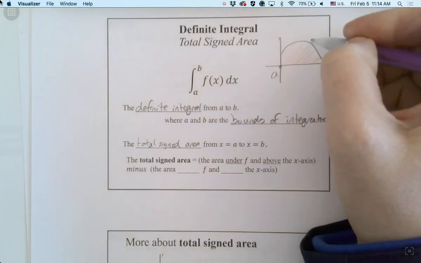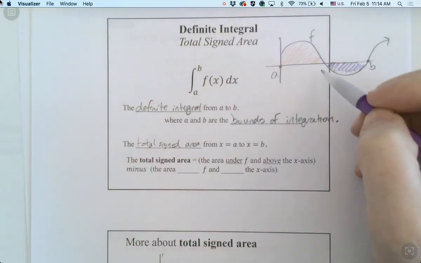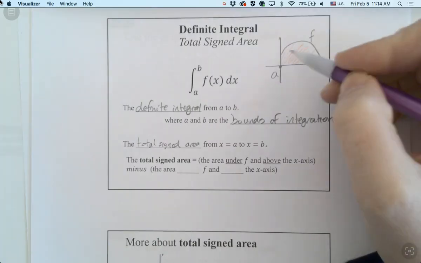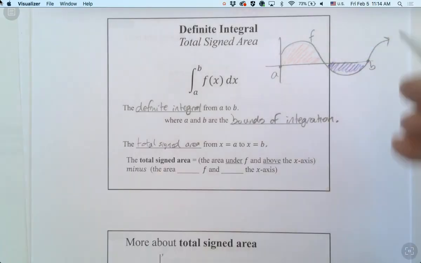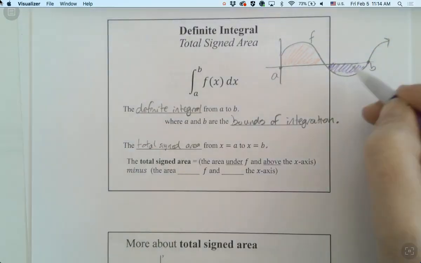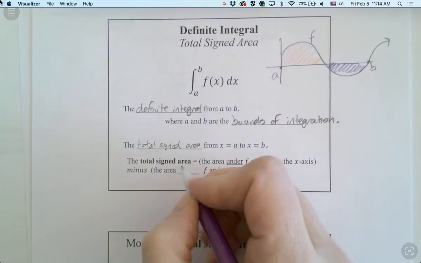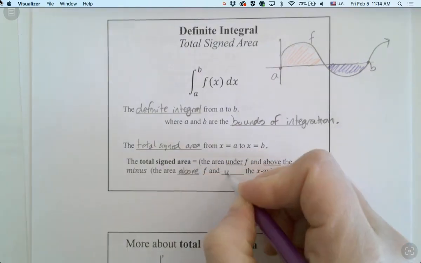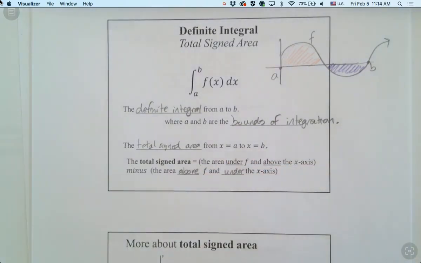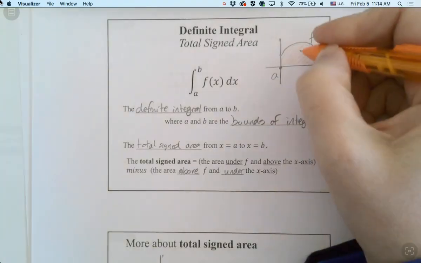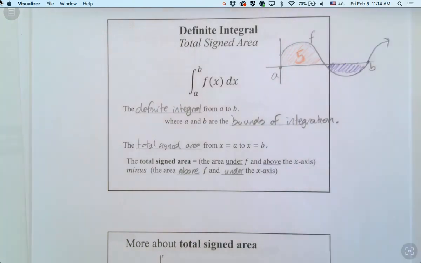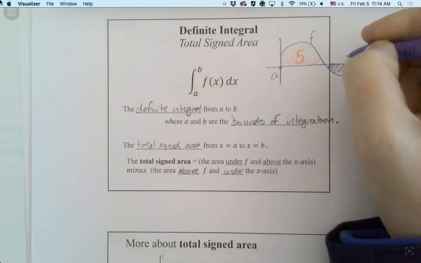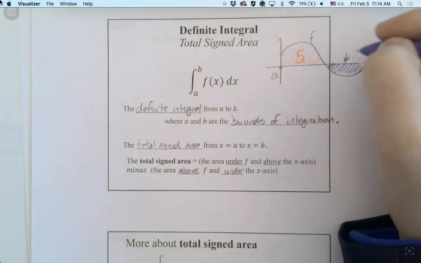So up here with this graph that I drew, if that was a graph of f, it would be the area that's under the graph of f but above the x-axis, like that region in orange, minus the area that is above f and under the x-axis. So if we were to put some numbers on here, maybe this orange area is 5, and maybe the purple area is, it looks like it's smaller, right?